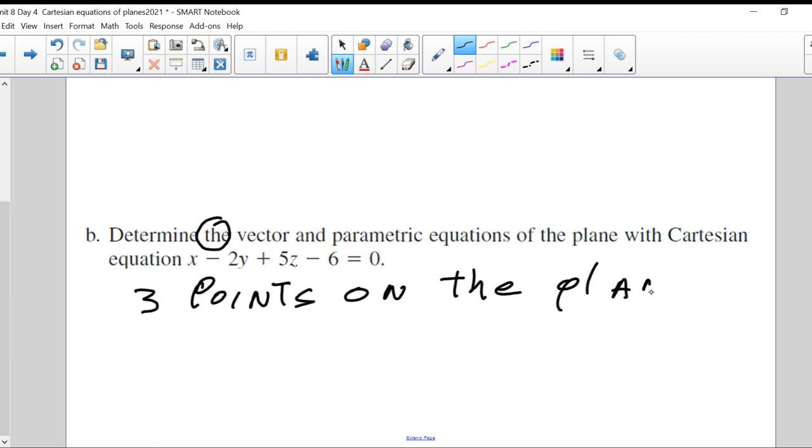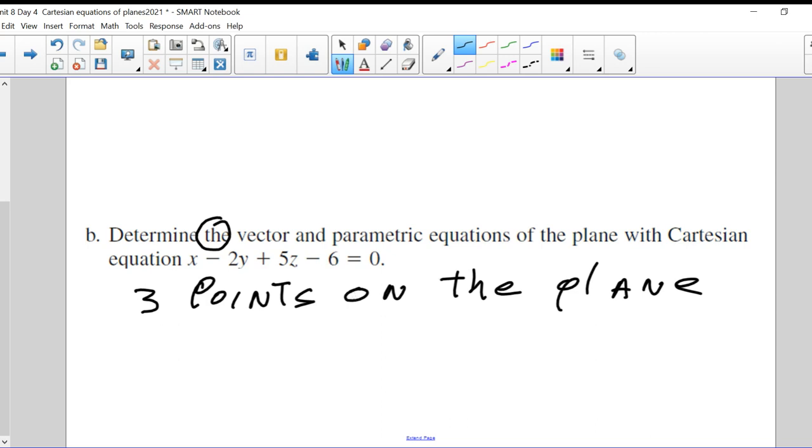So watch carefully now. Here are the 3 parts of the Cartesian equation. What about if I were to stick a 0 in there for y and for z? That's what Dara is talking about, finding out those intercepts. Could we find the x-intercept that way? Of course we could.